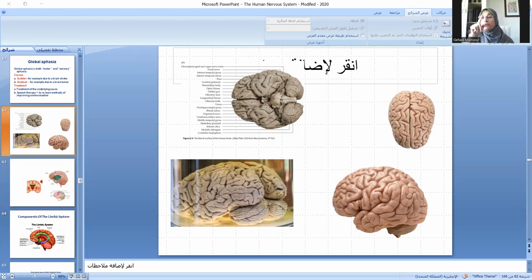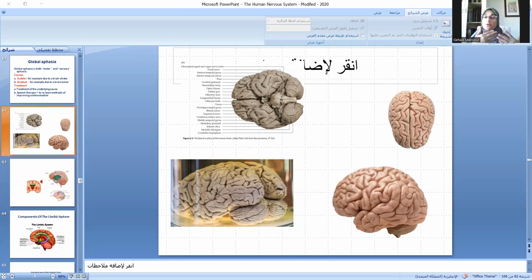What's the importance of this indentation? What's the importance of that folding in the form of gyri and sulci? It is to increase the surface area of the brain. So if that brain is expanded or stretched out to the maximum, you will find that it will have a much larger surface area.